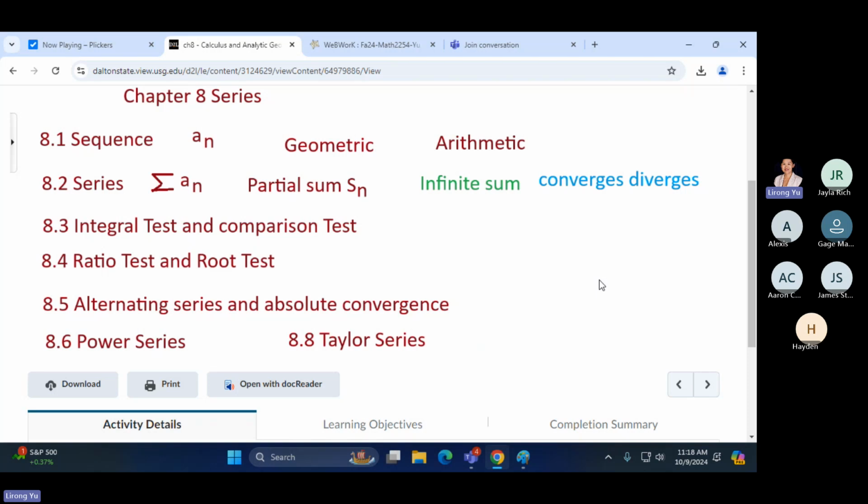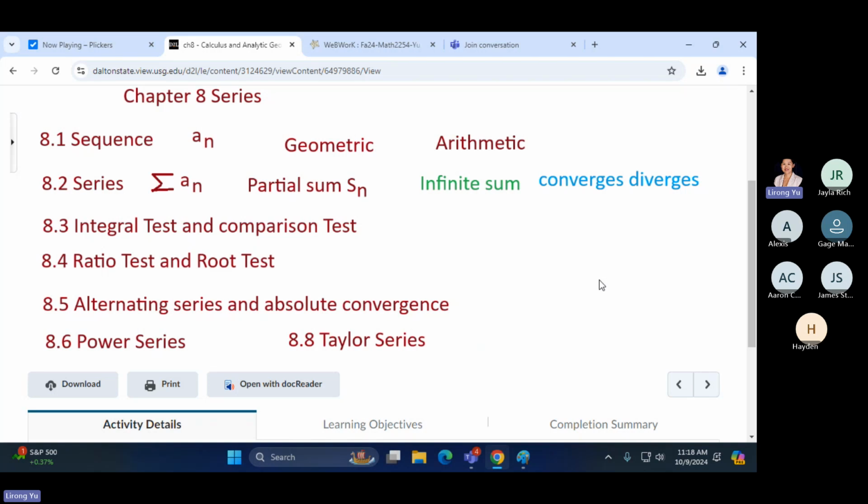If the limit of the ratio is a number less than 1, that guarantees convergence. The root test is similar. You take the nth root of a sub n. If you have a finite limit that is less than 1, then we have a convergent series. So those are some of the tests we talked about before.